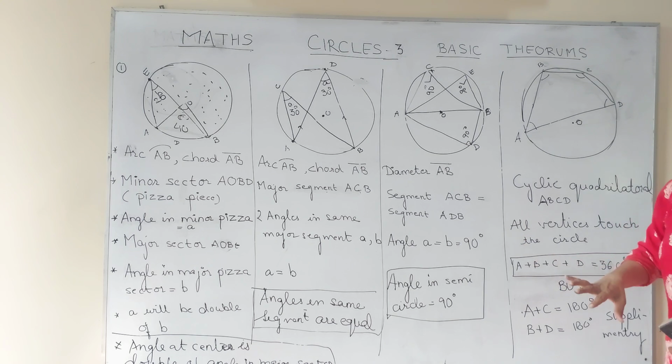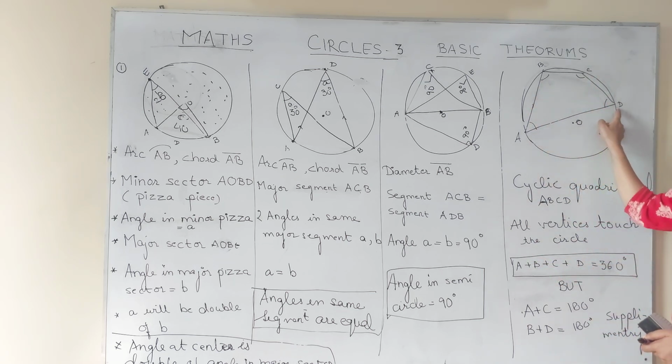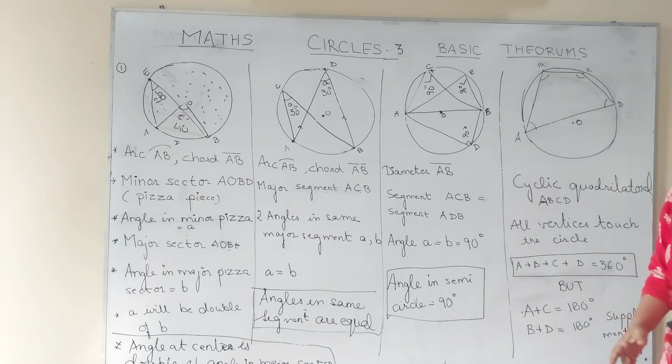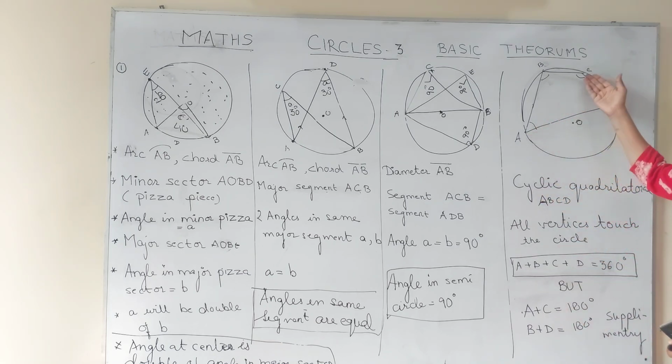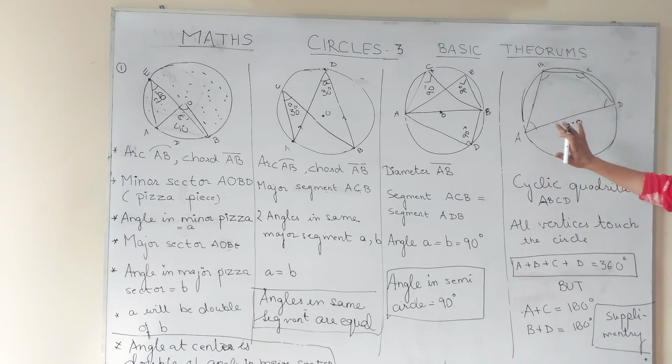Together they will make 360 anyway, but the opposite ones, A and C together, will always make 180. And the opposite pair B and D together will always make 180. That means the opposite angles are supplementary. That is what the theorem is: if you have a cyclic quadrilateral, the opposite angles, this pair or this pair, add up to 180. Or, what did I say, the opposite angles are supplementary.